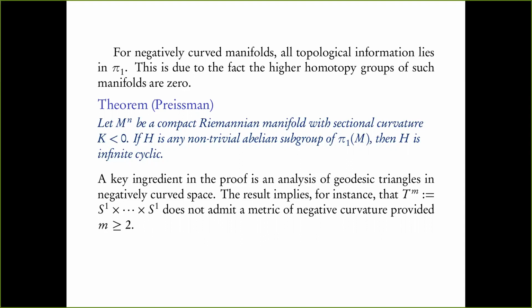This is a very simple example, but with some effort you can work out slightly more non-trivial examples too. If you know a little bit about the fundamental group and its abelian subgroups, then you can rule out certain kinds of curvature on that manifold. Okay. So is that okay with everyone?